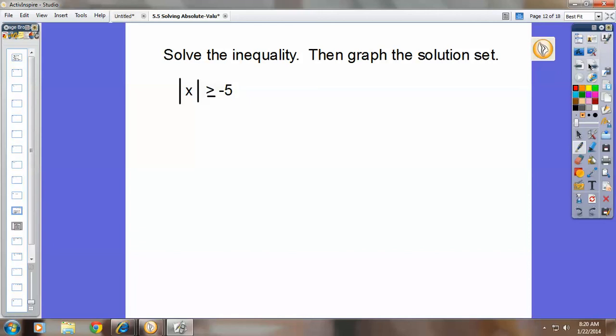Is this going to be an "and" or an "or" problem? Or, and we know that because of the inequality symbol. So let's start by writing the word "or." And then on either side of that word "or," we're going to set up our two inequalities. So the first one, x is greater than or equal to negative 5, or x is less than or equal to a positive 5. Just like yesterday, we're going to change our symbol and our sign.